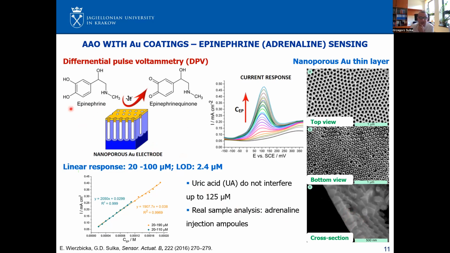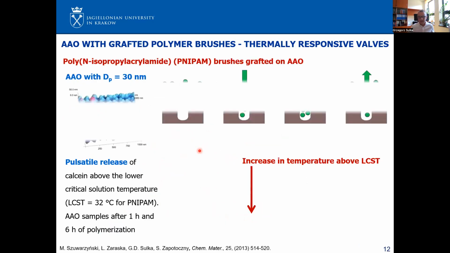We used such a material as an electrode for electrochemical sensing of adrenaline, and as you can see, we were successful, and that sensor was able to determine adrenaline in the presence of uric acid. We verified this application by analysis of a real sample. It was an injection ampoule of adrenaline.